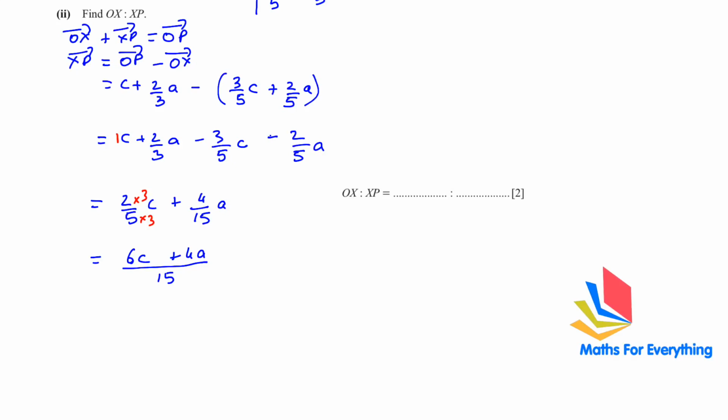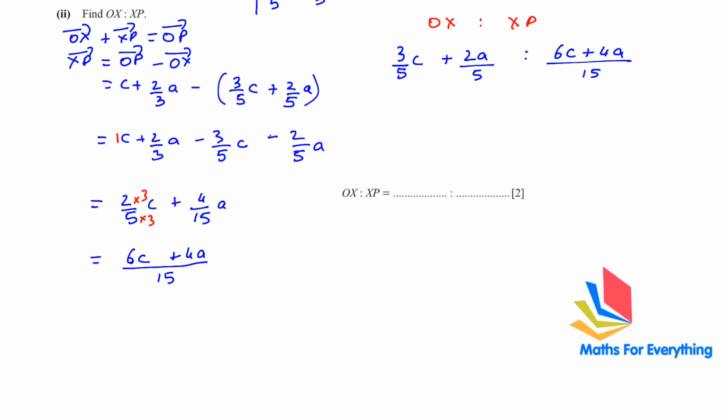We have to write the ratio of OX to XP. OX we found is 3 over 5C plus 2A over 5. And XP is 6C plus 4A over 15.